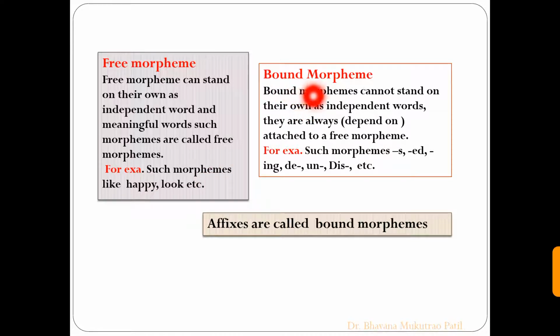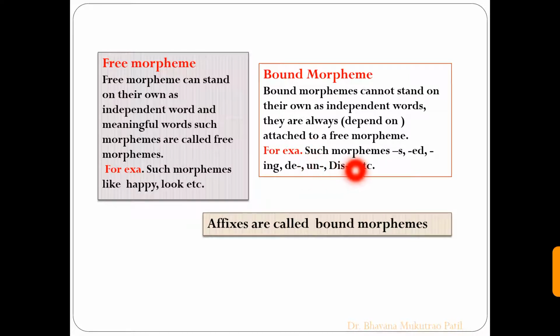Bound morpheme is another type of morpheme. A bound morpheme cannot stand on its own as an independent word. Bound morphemes always follow or depend on the free morpheme. A bound morpheme is attached to a free morpheme.